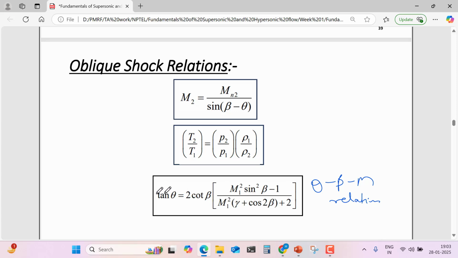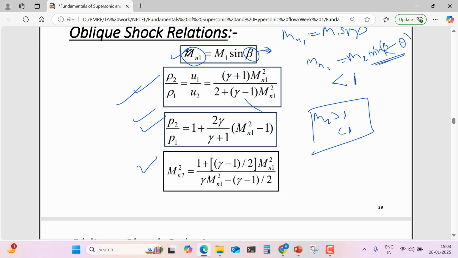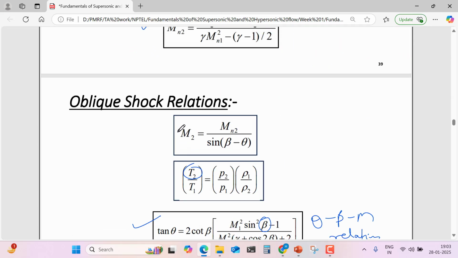Using this equation, we can find beta, and using the angle beta, we can first find Mn1. Using Mn1, we can find the other properties rho 2, p2 and T2, and M2.